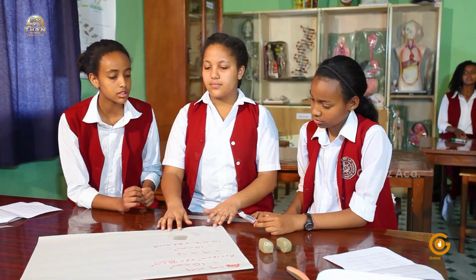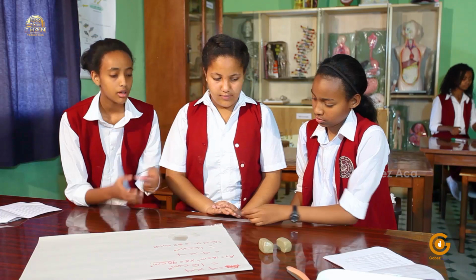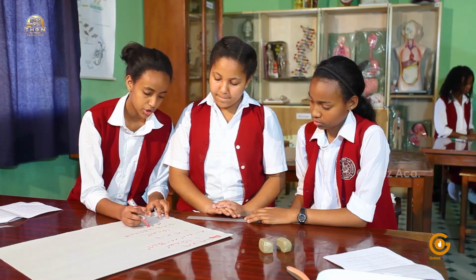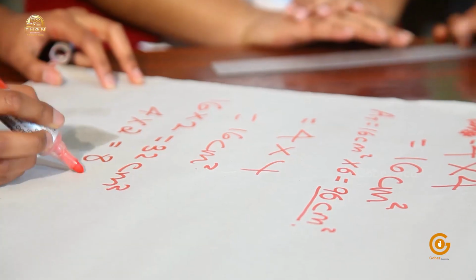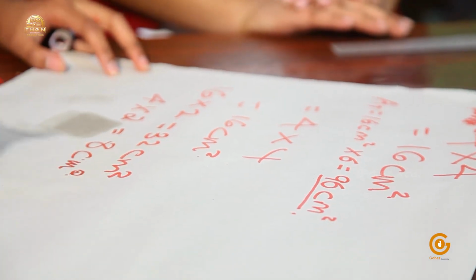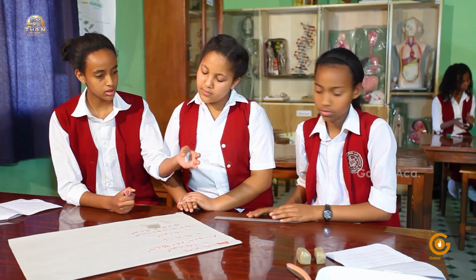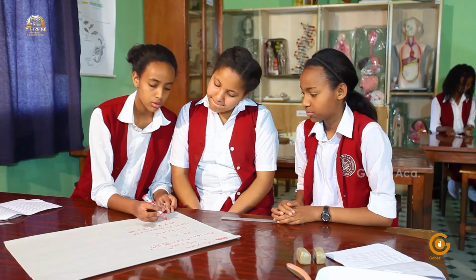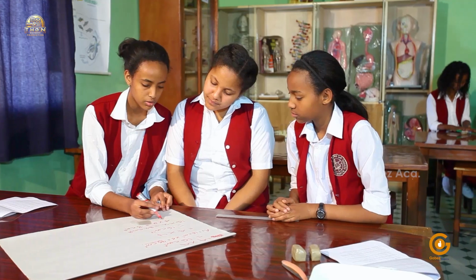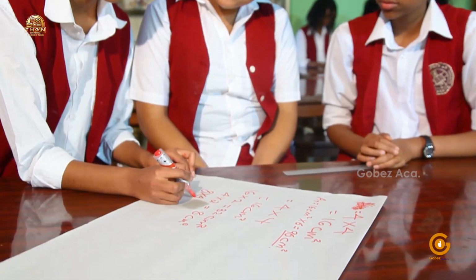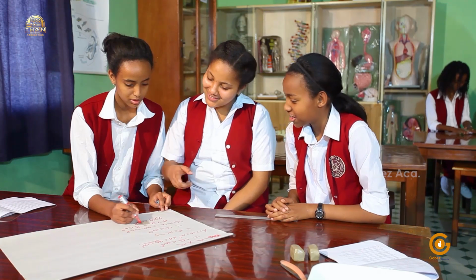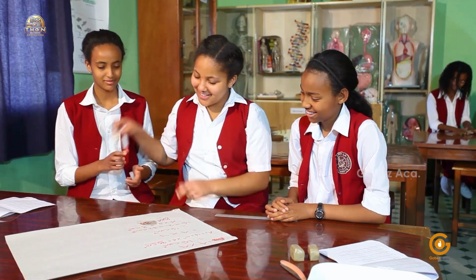And to calculate the smaller sides, we have 4 by 2, which gives us 8 centimeters squared. And we know that it has 4 small sides, so we have to calculate 8 times 4. That's 32. You should write it again.